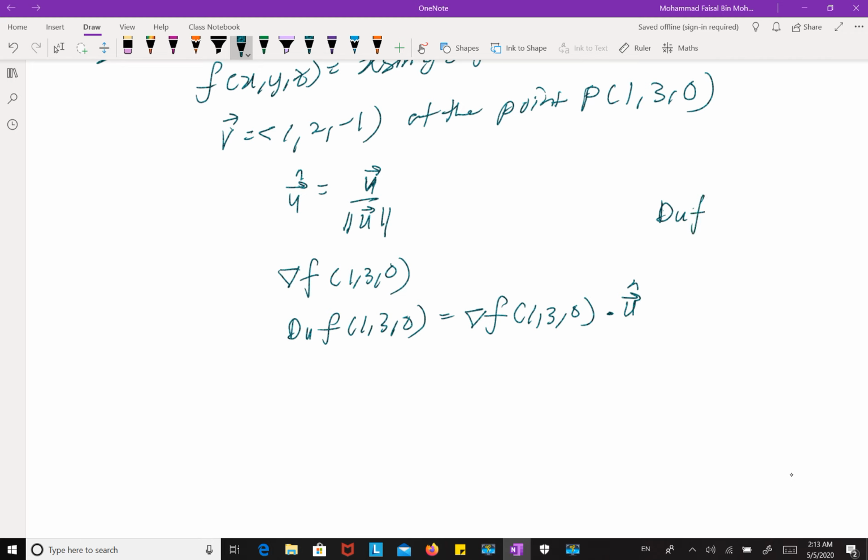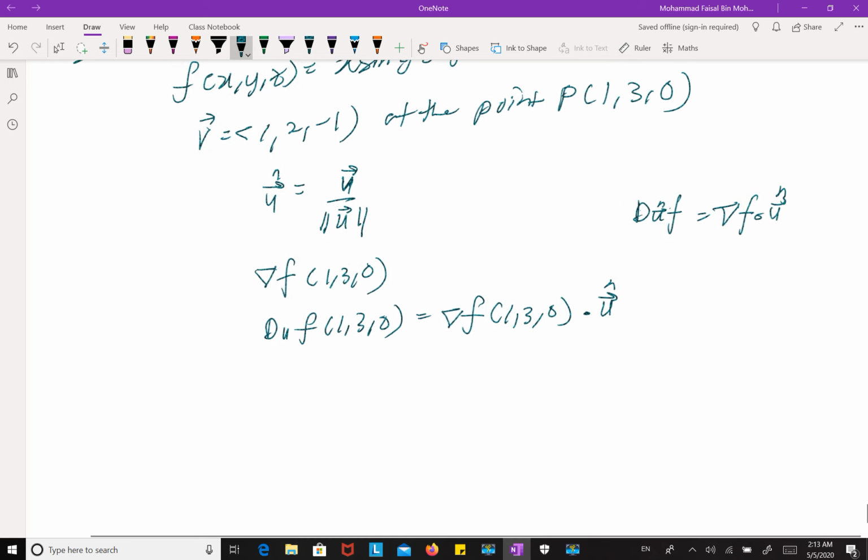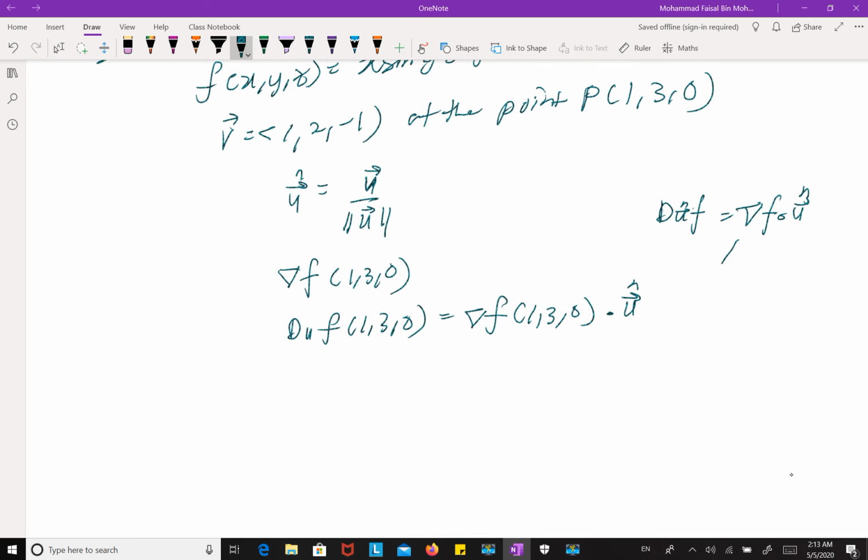So remember from the formula, for simplicity, I just leave it as del, nabla f dot u cap. So this is a dot product. So you need fx, fy, fz. For the unit vector u, u1, u2, u3.